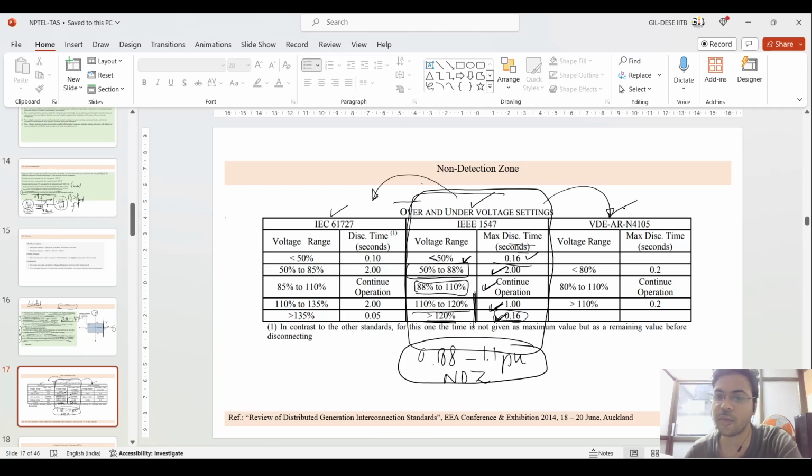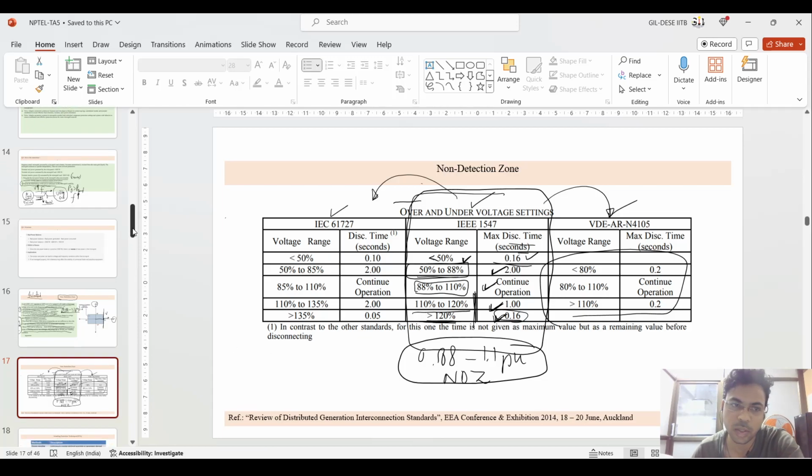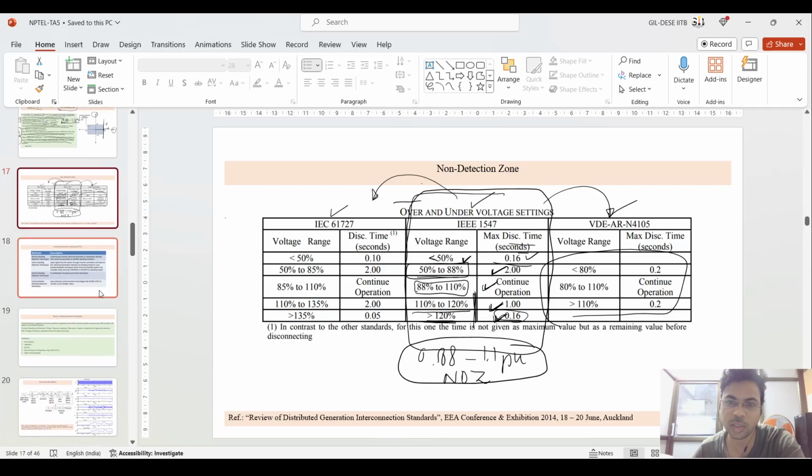It is the same with the other codes also, IEC 61727 and VDE-AR-N 4105, where the same settings are given. So from this table, you can see there are certain kinds of grid codes that I have to follow when over voltage or under voltage situations occur.